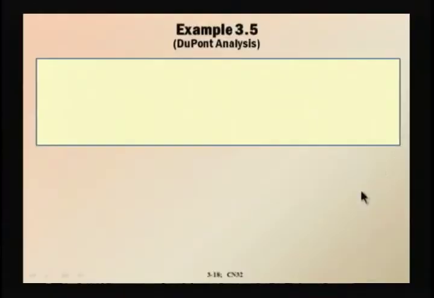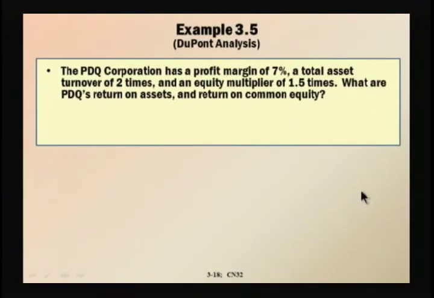Example 3.5 will illustrate more about the relationship of return on assets to return on equity, and then we'll talk about the equity multiplier just a little bit more. In example 3.5, the PDQ Corporation has a profit margin of 7%. So in other words, 7% of each sales dollar ends up in net income.